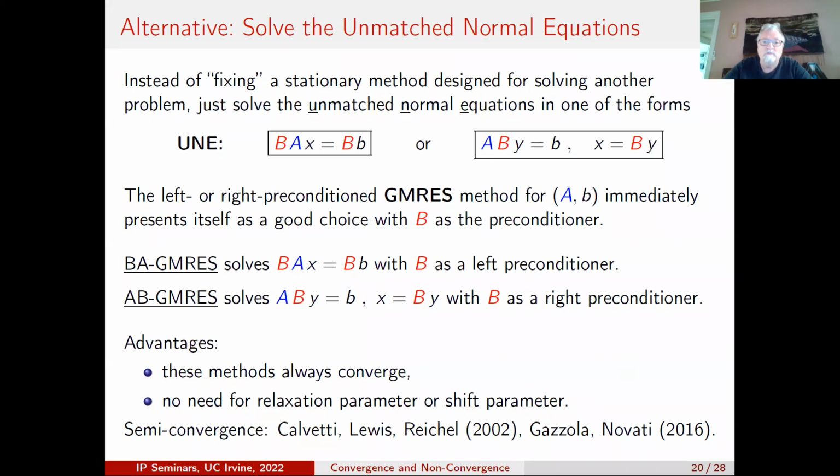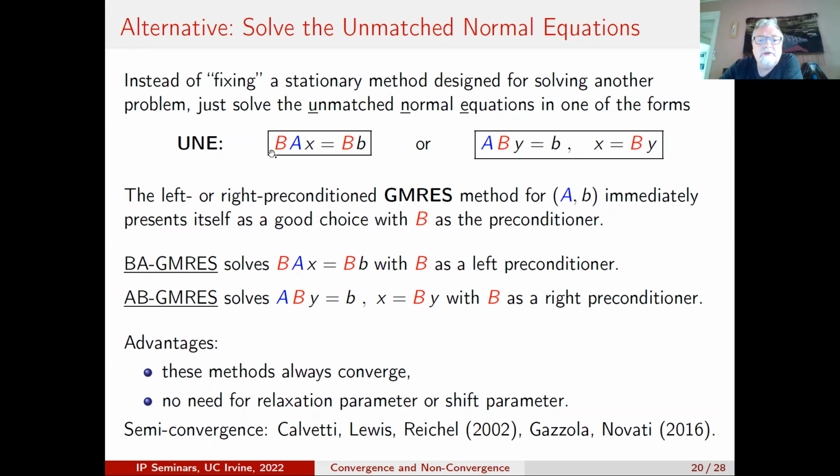And they actually come in two forms, either here or an alternative form here. I refer to both of them as unmatched normal equations, and then just find a good iterative method that solves these unmatched normal equations. And of course, the first method that comes to mind is the GMRES method.